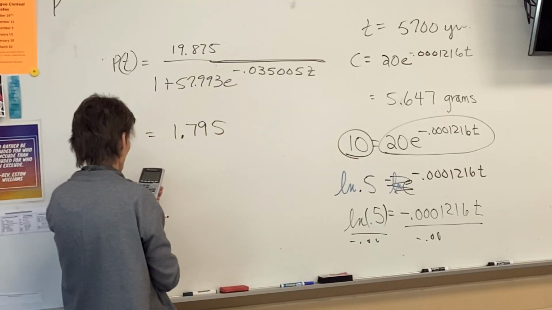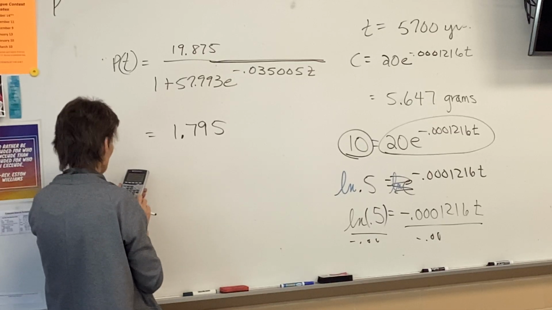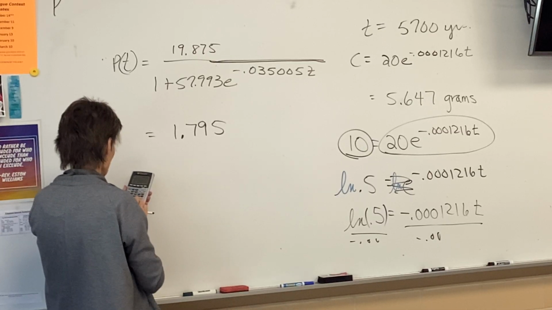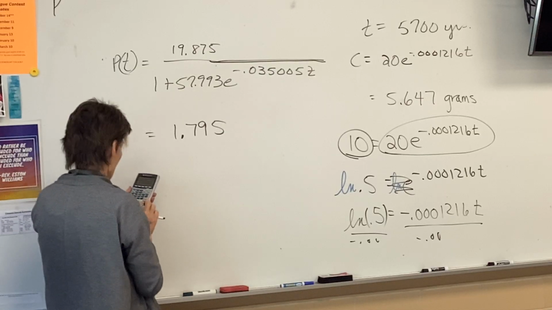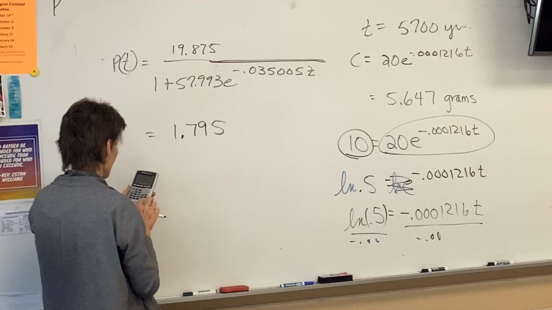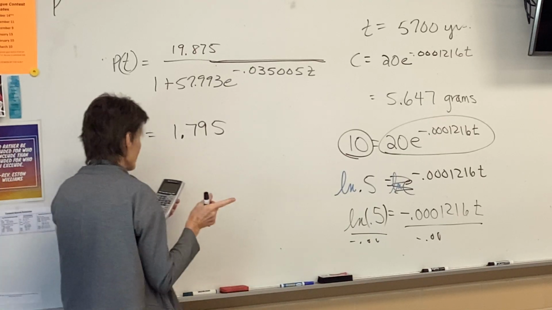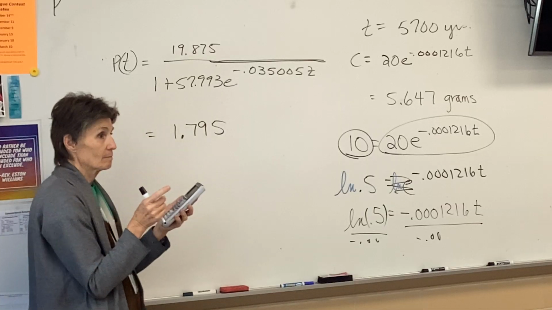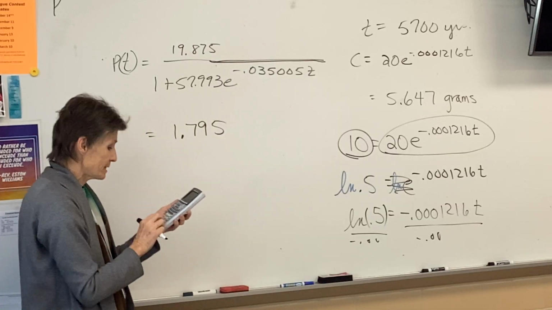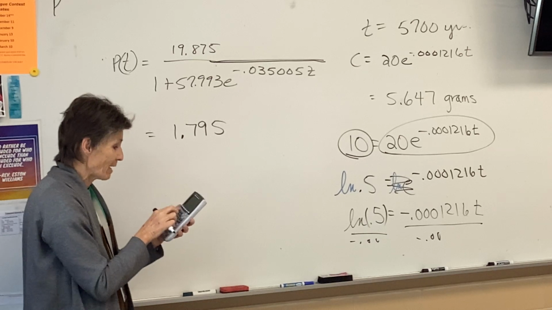Okay. 1 plus 57.993, second ln, negative 0.035005 times 50. Alright, that should be 11. Then you do 19.875 divided by that answer.